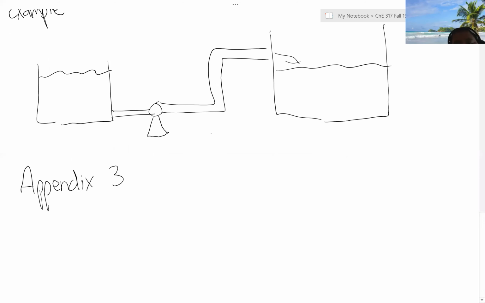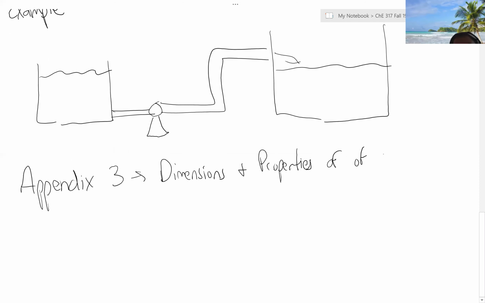It lists dimensions and properties of steel pipe based on stated nominal diameter and schedule.